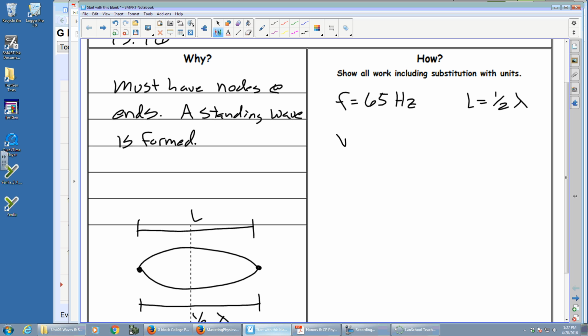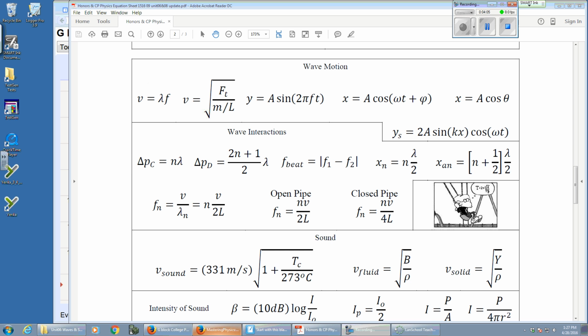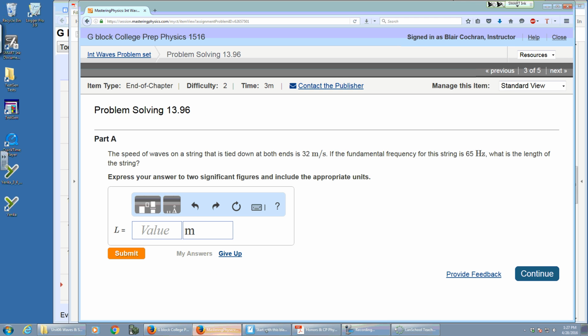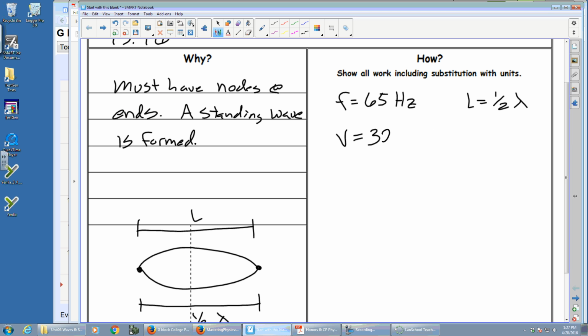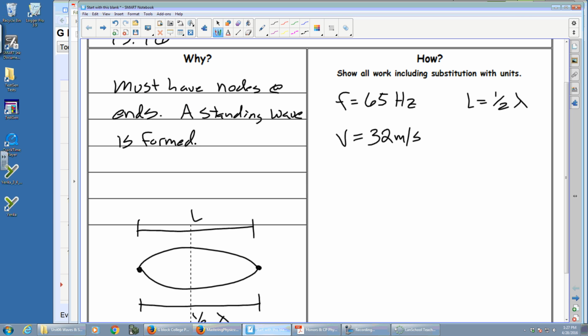And they told us the speed of the wave, I believe. 32 meters per second. Whoops, wrong one. 32 meters per second. What else do they tell us? I wish there was something, an equation that related frequency and wavelength and speed.